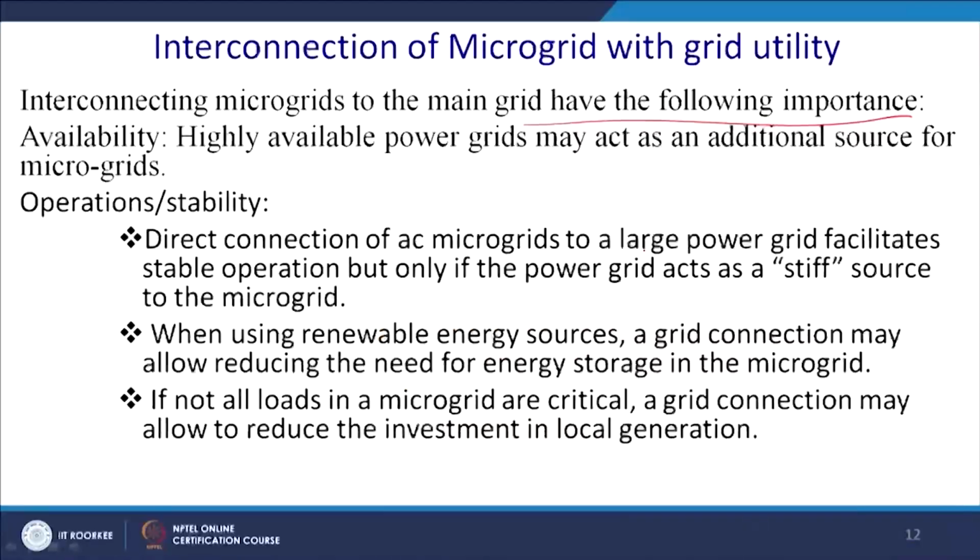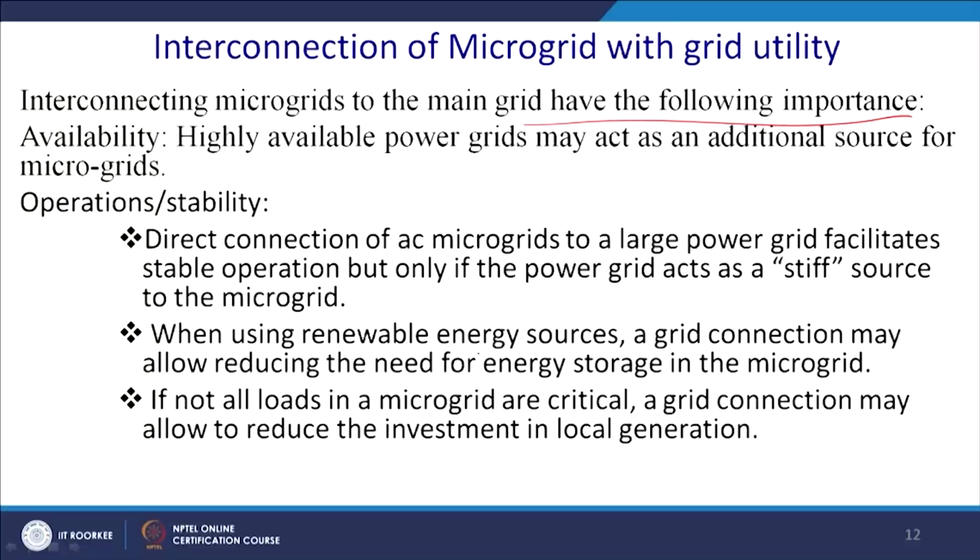So, a highly available power grid may act as an additional source for the microgrid. Direct connection of an AC microgrid to a large power grid facilitates stable operation, but only if the power grid acts as a stiff source to the microgrid.